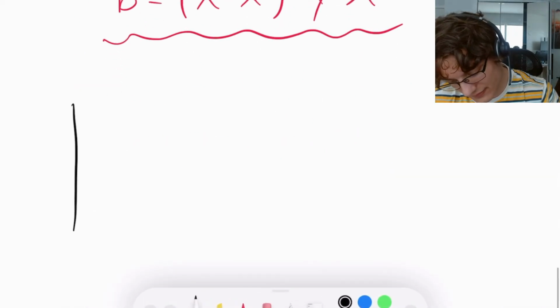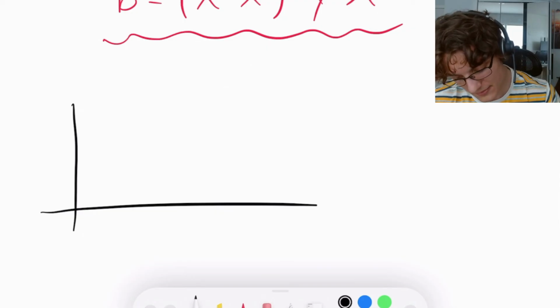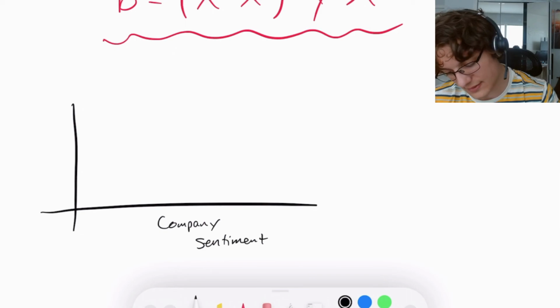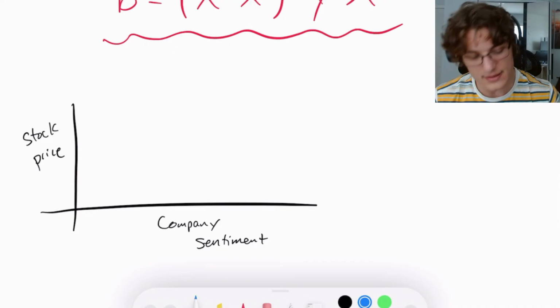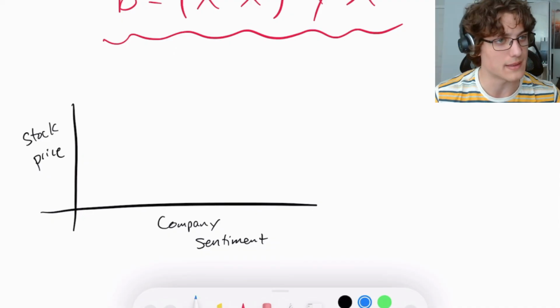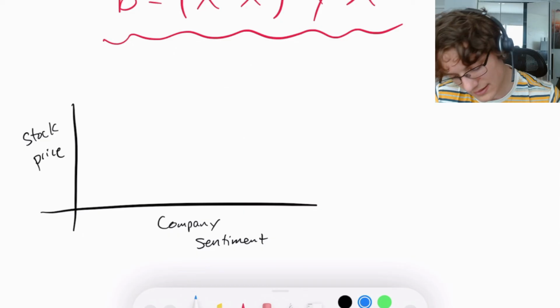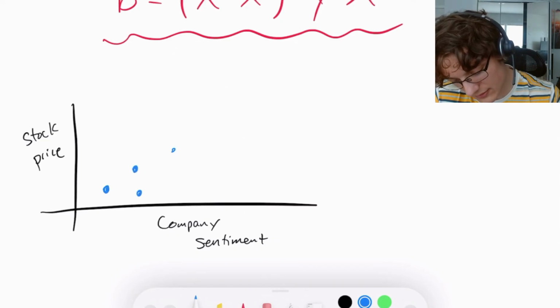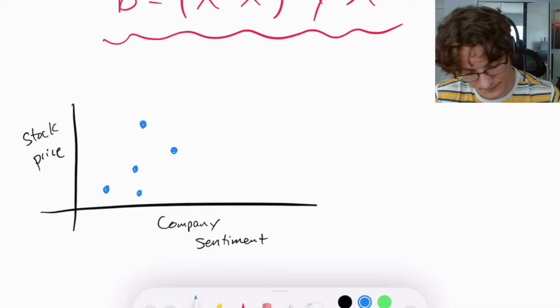So if we have a scatter plot, perhaps with company sentiments again on the x-axis, and we have the stock price on the y-axis. Instead of all of those points from the beginning of the video in that scatter plot, let's say we have 1, 2, 3, 4, 5.